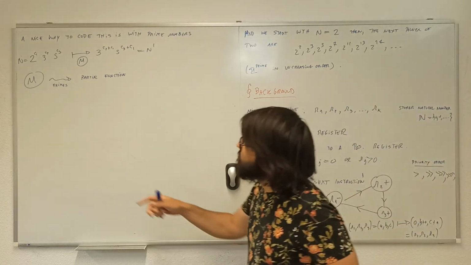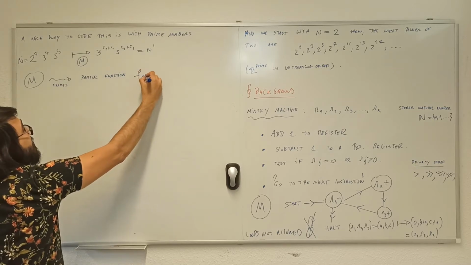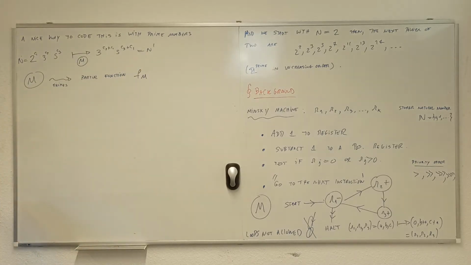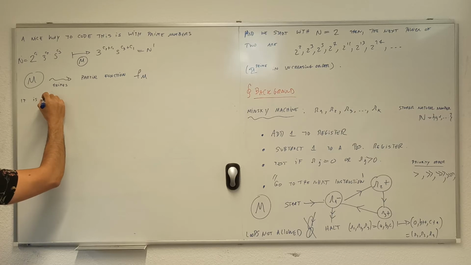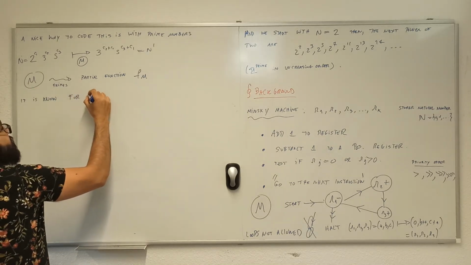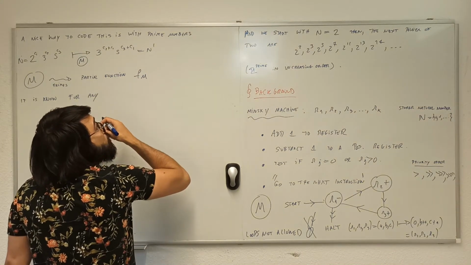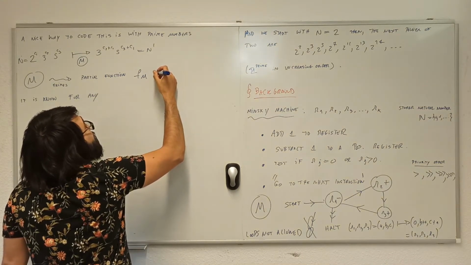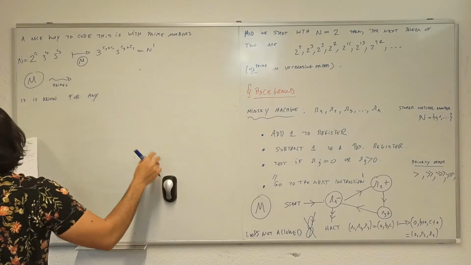So for any Minsky machine, you can come up with some partial function, let's say f_M, and it's known, and I won't prove it.